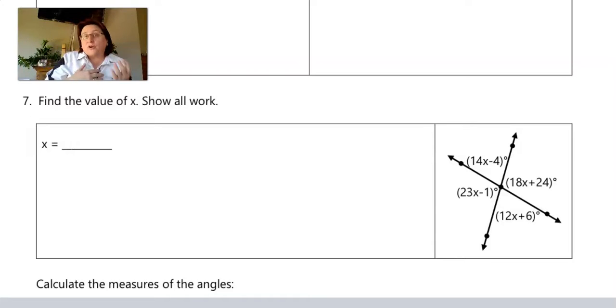Do you prefer using linear pairs, or do you prefer using vertical angles? In chapter 3, you're going to see there are even more relationships, but right now we're just dealing with linear pairs and vertical angles. So use whatever method works best for you. Set it up, show your work, and make sure you write down which relationship you used. We'll see if you're on the right track when you do corrections on your work.